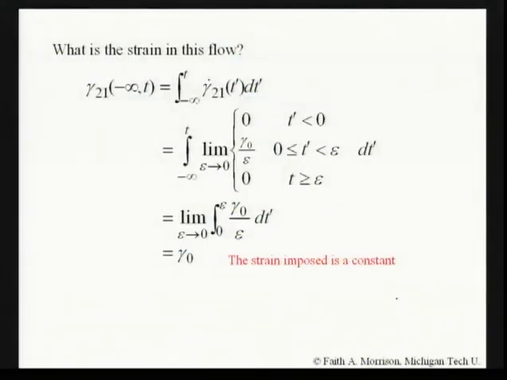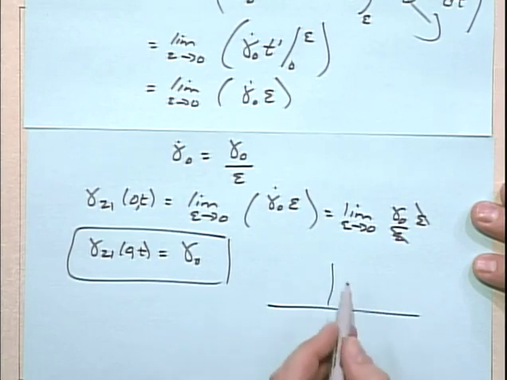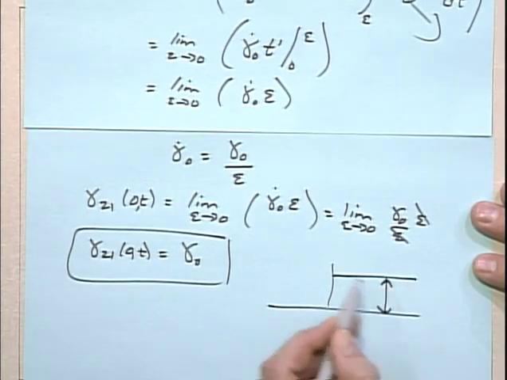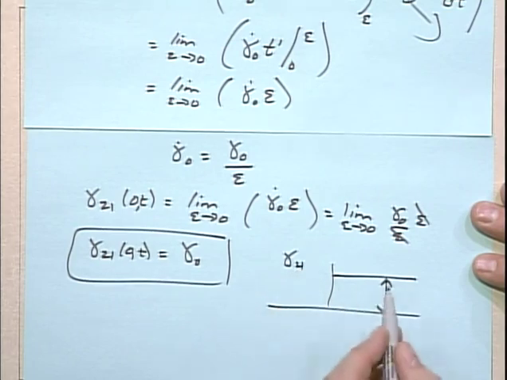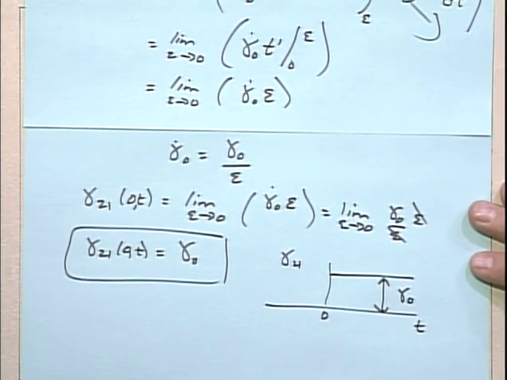So this is why this is called the step strain experiment. After I've taken the limit, it looks like a step-up function. The strain 2,1 steps up at time t equals 0 to this value gamma naught.